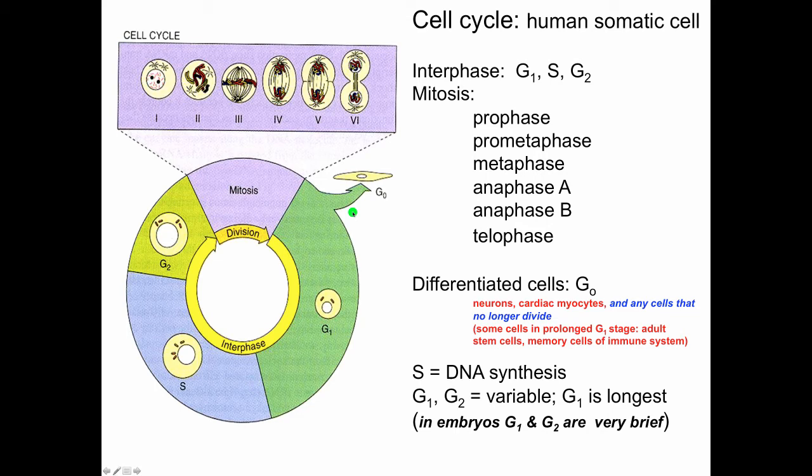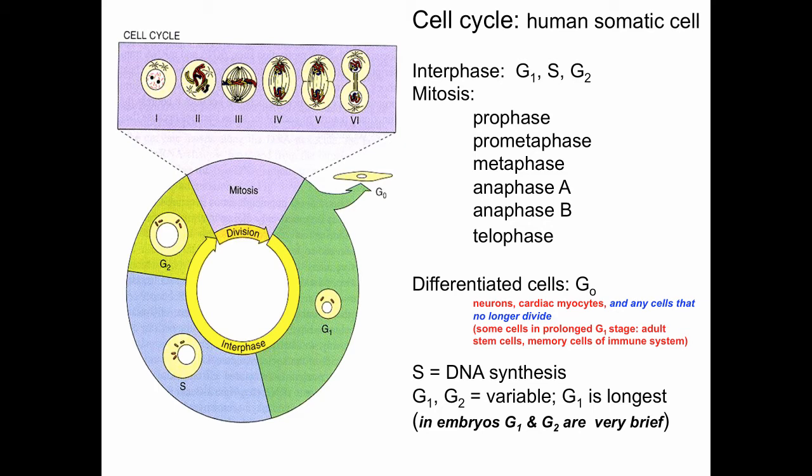And for our course, we might think of differentiated cells as cells like neurons or cardiac myocytes, any cells essentially that no longer divide. Some cells remain in a prolonged G1 stage. So, for example, adult stem cells for various organs or tissues within organs might be in a prolonged G1 stage.